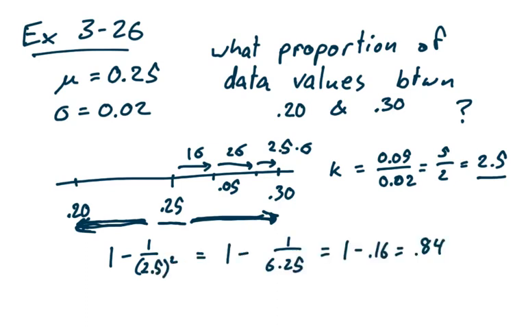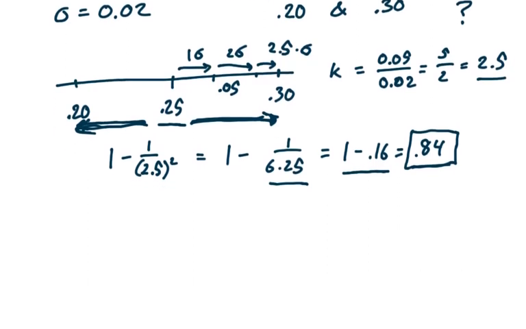And so the calculation works out as 1 minus 1 over 6.25, which is the same thing as 1.00 minus 0.16, giving us 0.84. And as a proportion, that is 84%. So here we're saying at least 84% of the data values will be between 20 and 30.